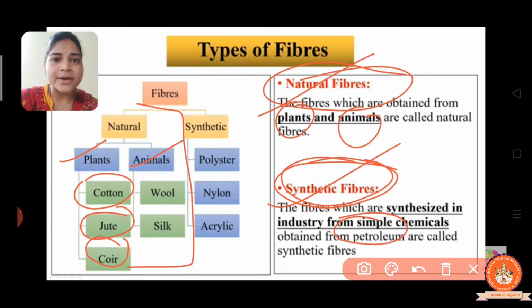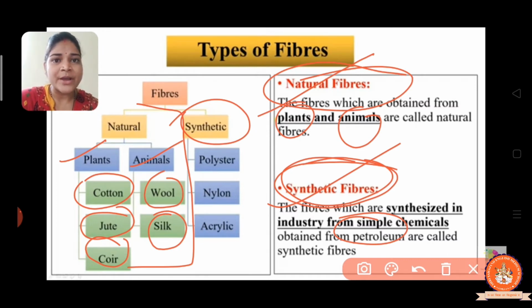And the animal fibers are wool and silk. Wool we get from sheep or other animals, and silk we obtain from silkworm, which we already discussed, right?